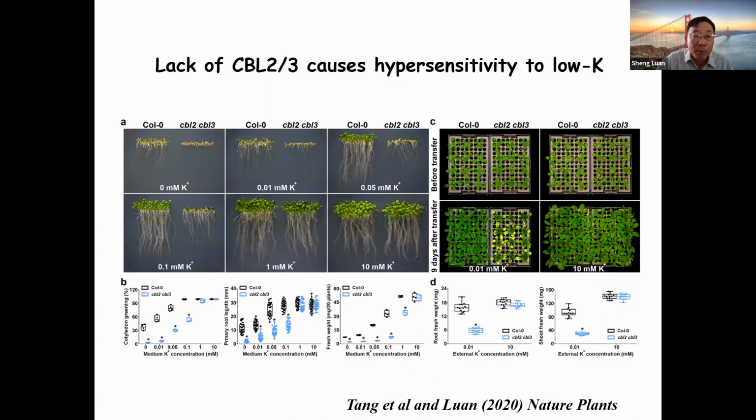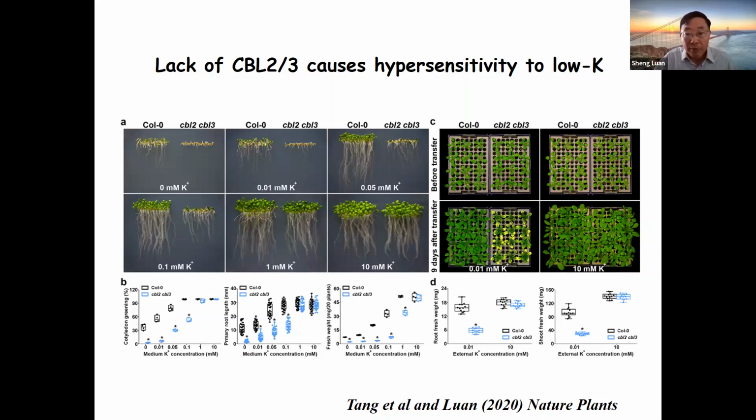As you add more and more potassium to the medium, the mutant catches up, and when you get to 1 millimolar or 10 millimolar potassium, the mutant pretty much behaves like wild-type in establishing a nice seedling. So this is strong evidence for CBL function in potassium remobilization from the seed vacuole. Now, another assay we did is with adult plants, hydroponic culture plants.